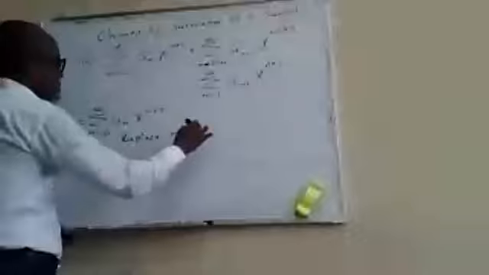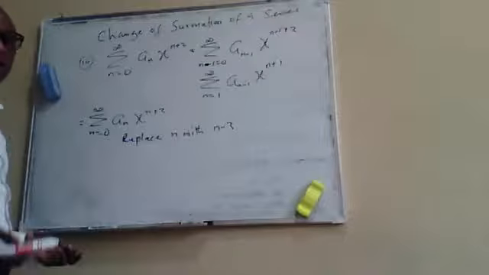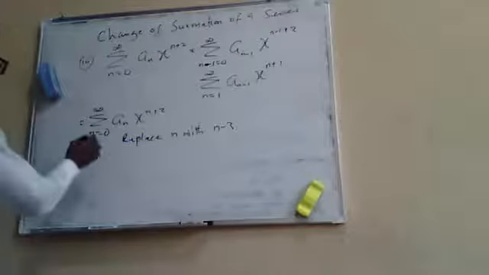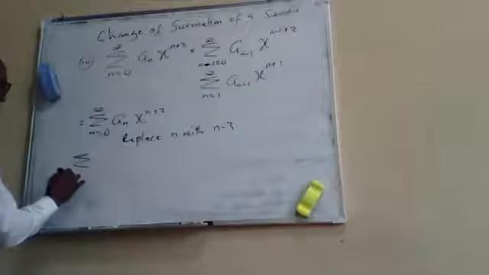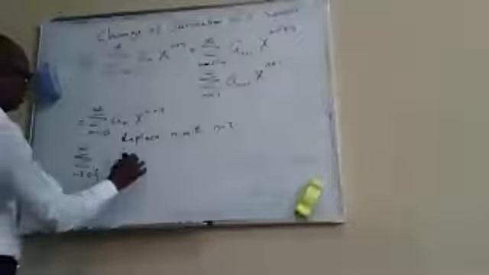Anywhere you see n, just replace n with n minus 3. If you do that, this will be summation n minus 3 equals 0 to infinity, a_(n-3) x^((n-3)+2).